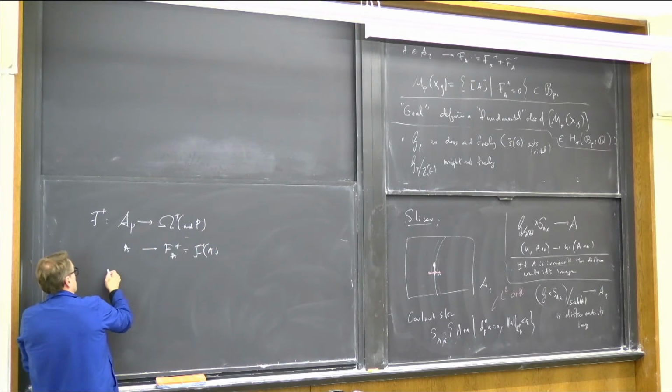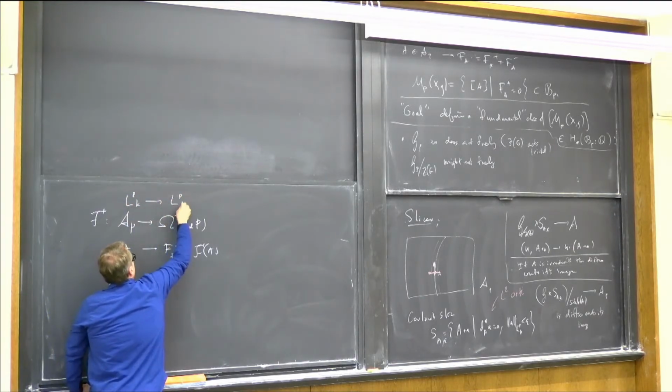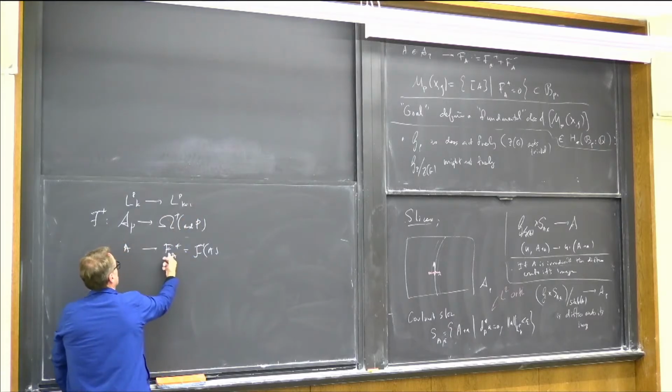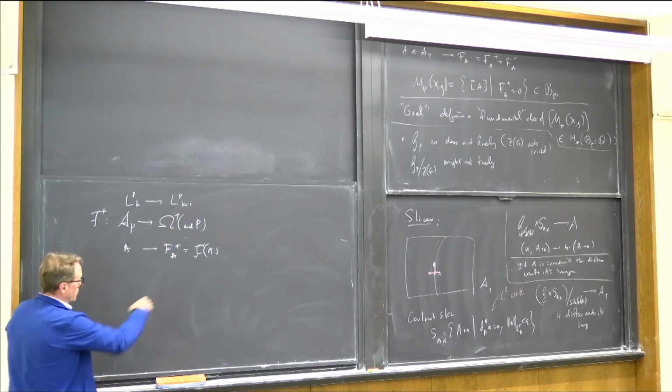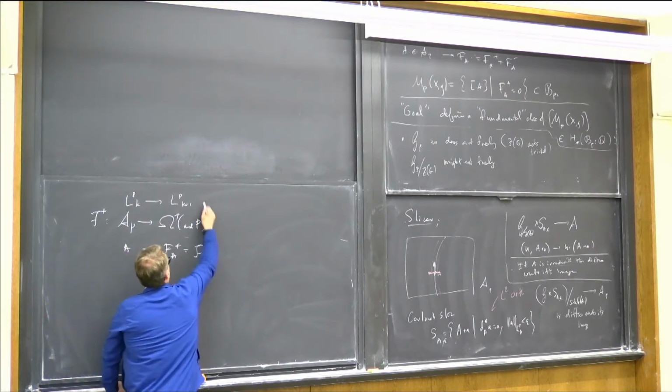So, this is going to be a map from L^p_k connections to L^p_{k-1} forms. You're differentiating this guy. And again, with the usual constraint on p and k, this is a smooth map.